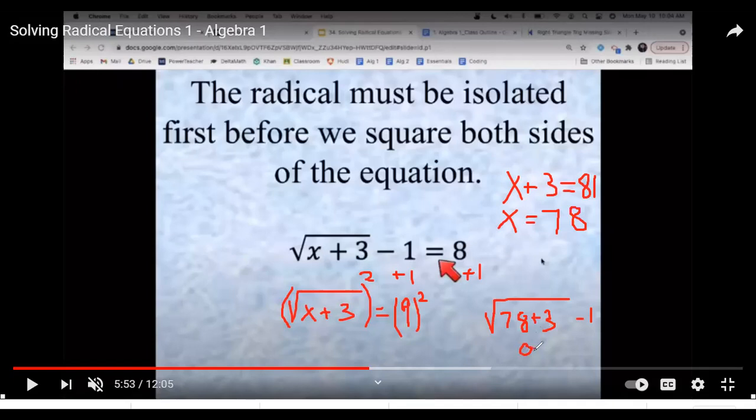Then 9 minus 1 equals 8, and this is what we have on the right side. So we have a correct answer.